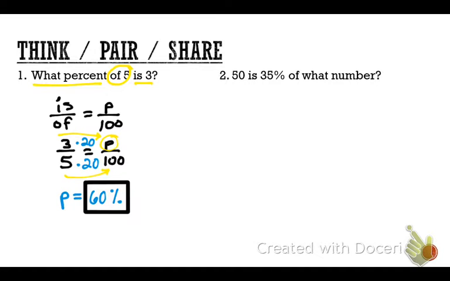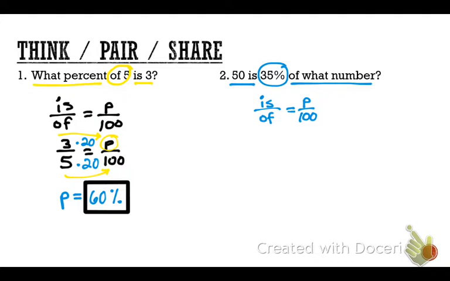Just the boys, help me out with the final 3 here. What should I underline first? 50 is 35% of what number? Boys? 50 is. What's the next one? 35%. And the last one? Very good. All right, every time we start off with our formula, which was what, guys?